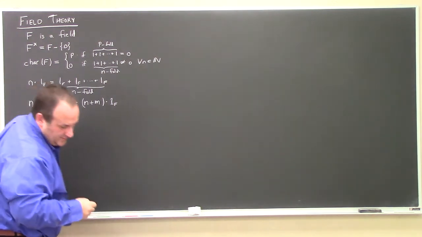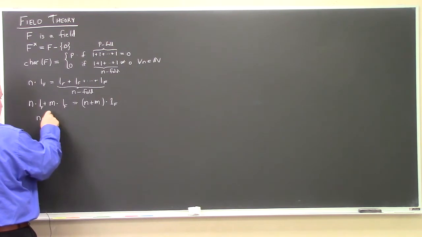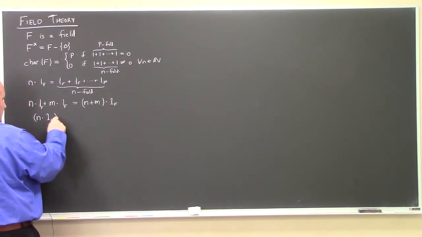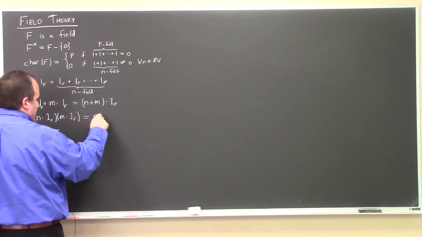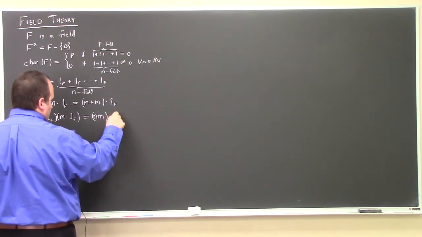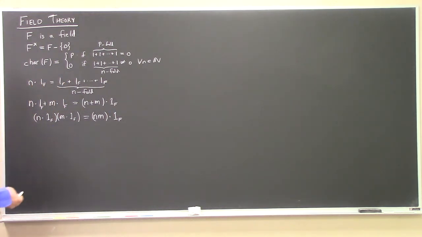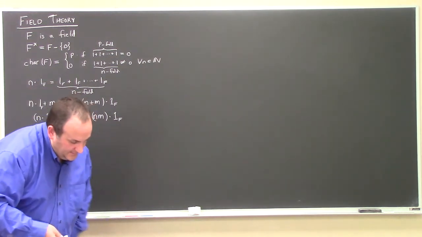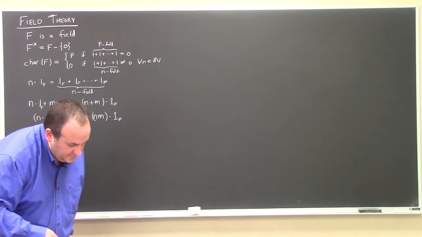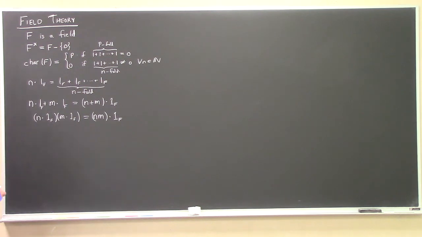And the other one, of course, is that if we take the product of n copies of 1 with m copies of 1, we get nm copies of 1. These rules are defined for positive integers, but then naturally extended to all integers.